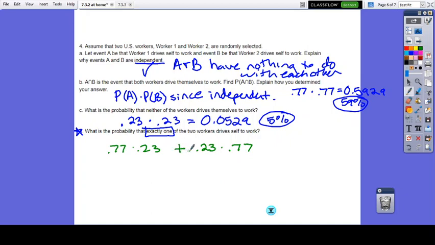We have to add these two probabilities together, and both of these come out to 0.1771, so essentially I can just do that times 2, and it's going to come out to 0.3542. So it's a 35% chance that exactly one of the workers drives themselves to work.